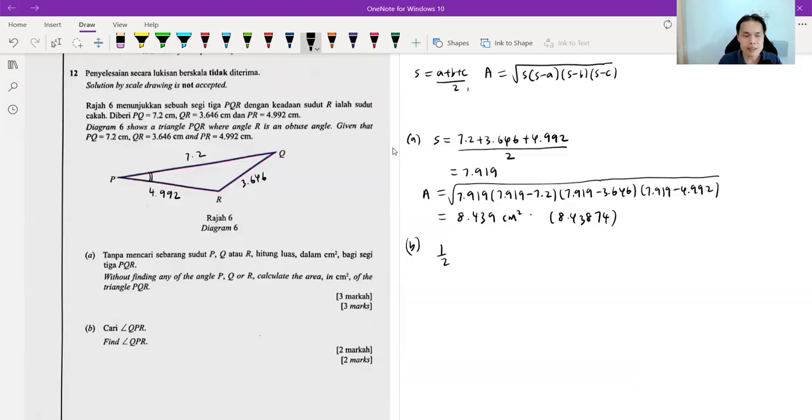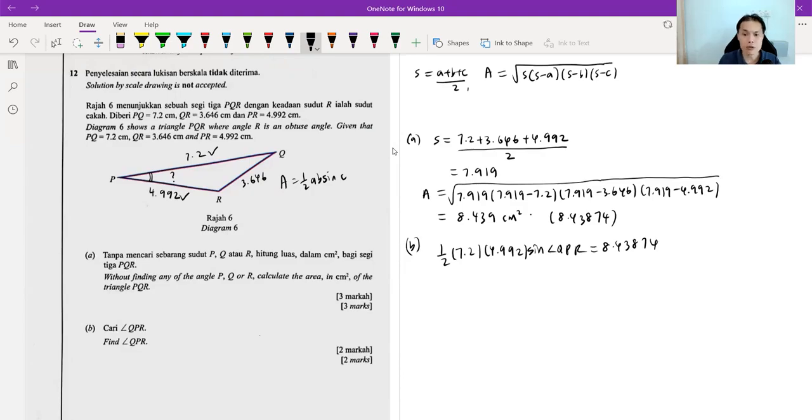So I'm going to use half ab sine C. Remember, the formula for area of a triangle is half ab sine C, where a and b will be these two sides, and C will be the angle in between. In fact, you're finding the angle in between here. So let's take 7.2, 4.992, sine of angle QPR. This is 8.43874 if you want.